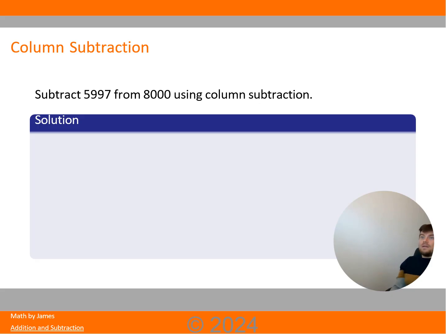Now we're going to look at subtracting 5,997 from 8,000. So this could also be written like this. Usually it is written like this. So what we need to do now is first of all line all the numbers up.